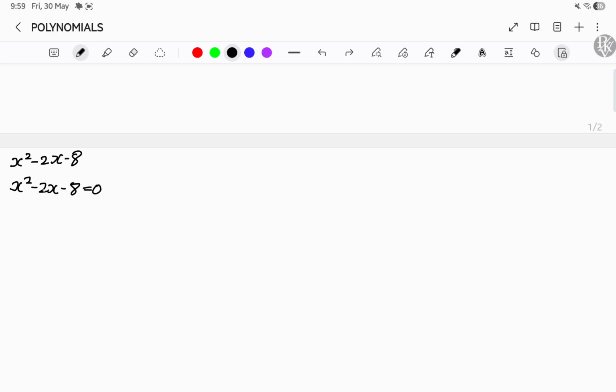Or what you can do is called the method of splitting the middle term. That will be a pretty difficult method, but with enough practice you will get it. Split the middle term basically means x square, and then you see minus 2x.